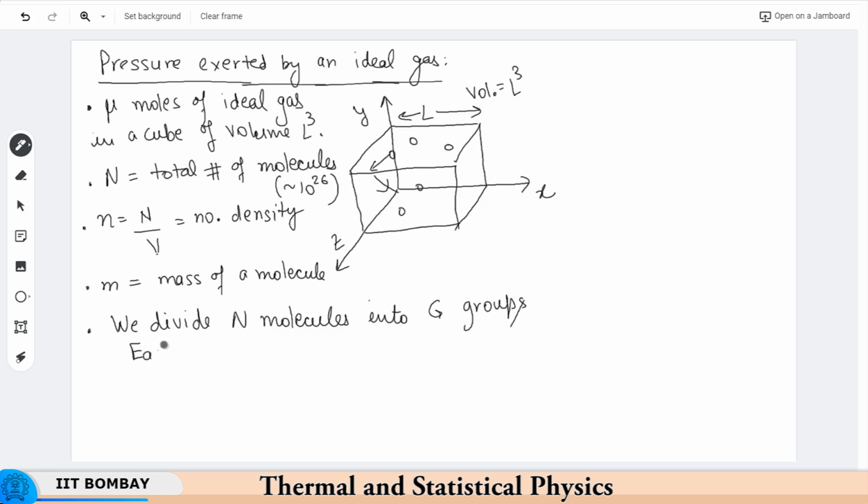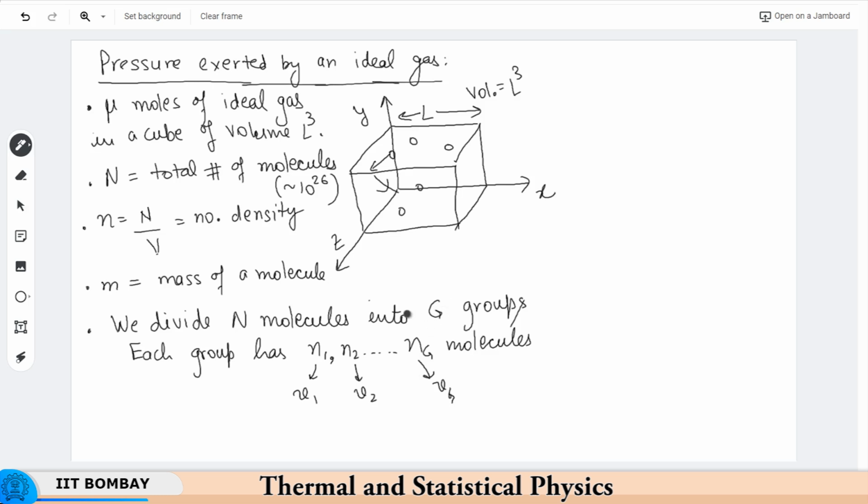Each group has N1, N2, and so on up to Ng molecules, and all these molecules statistically are moving with velocity v1, v2, and so on up to vg, all right. The gases are moving with a certain distribution, and we conveniently divide these molecules into subgroups n1, n2, n3, up to ng, and every subgroup has a certain velocity v1, v2, up to vg.